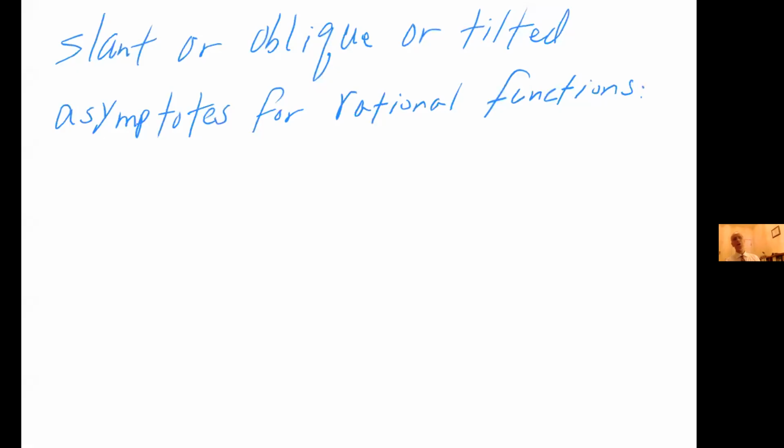So let's talk about slant or oblique or tilted asymptotes for rational functions. First of all, when do we have a slant asymptote?